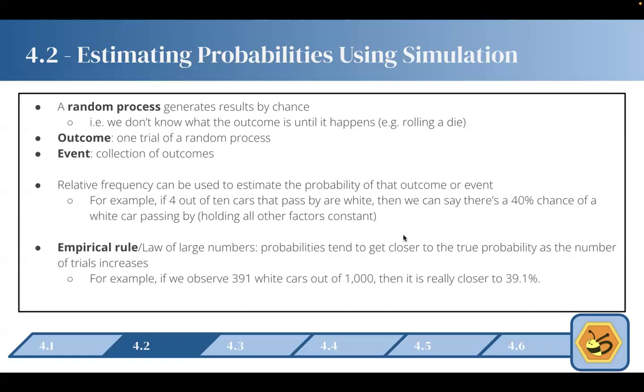But 10 is not very large, so we don't have a very large sample size to go off of, which means the true value could be much larger or much smaller. If our sample size was much bigger, say 1,000, then we get a more accurate 39.1%. So it's actually a little bit less than the 40% that we initially found.